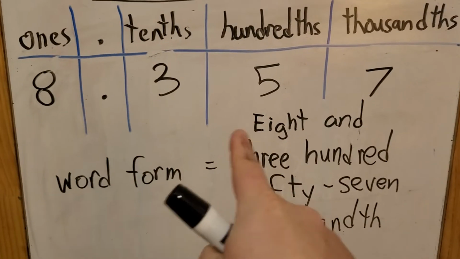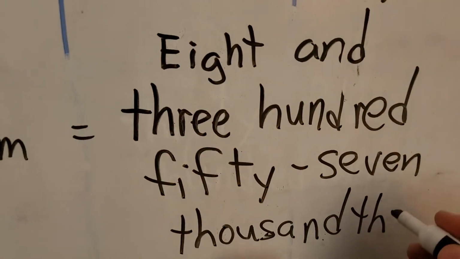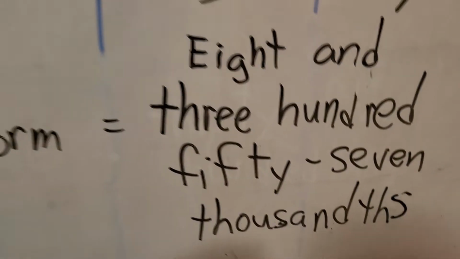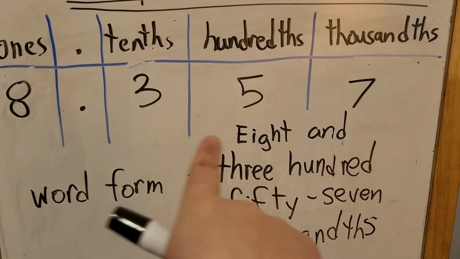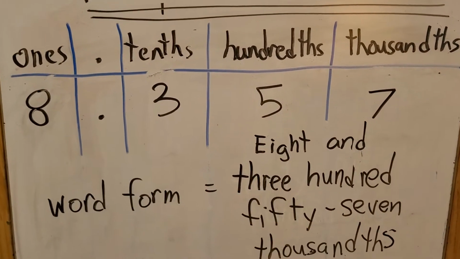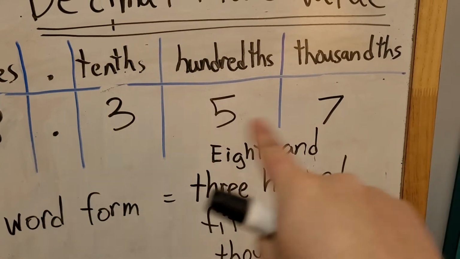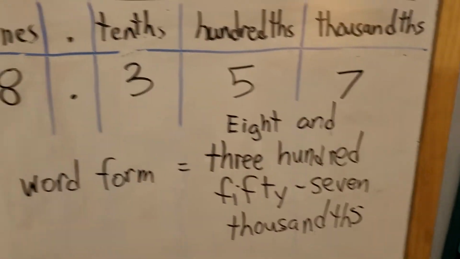So now it's 8 and 357 thousandths. Dumbest word in the English language. I swear to goodness. Drives me crazy. Anyway. So, your ones, just put it at the front. Add an and, that's your decimal. And then say the number, 357, and the last place value, thousandths.